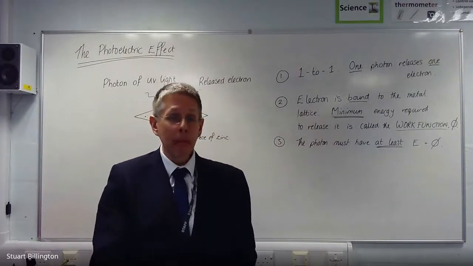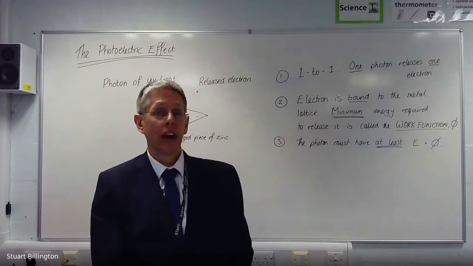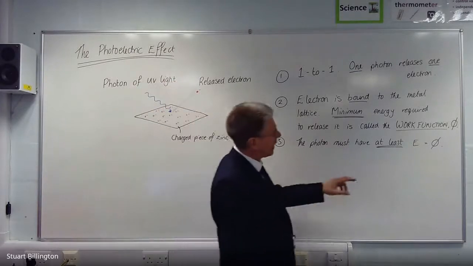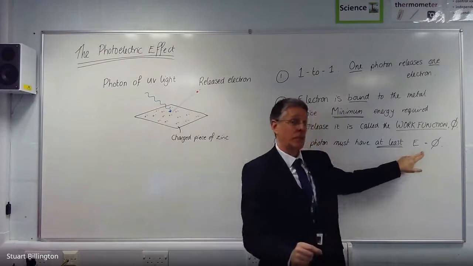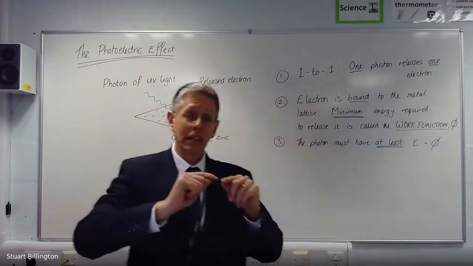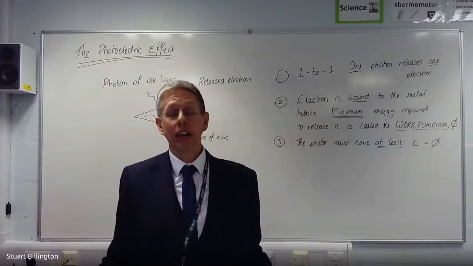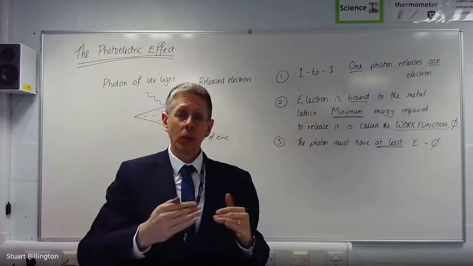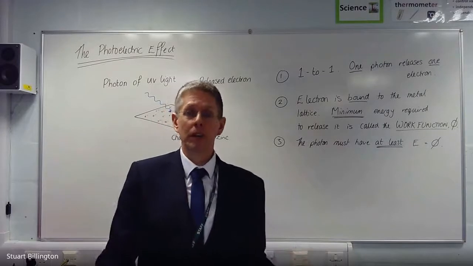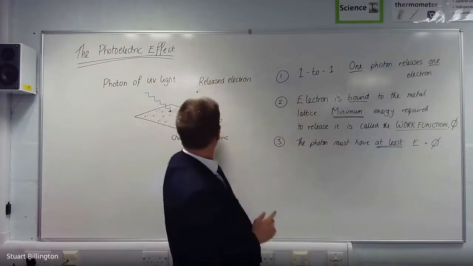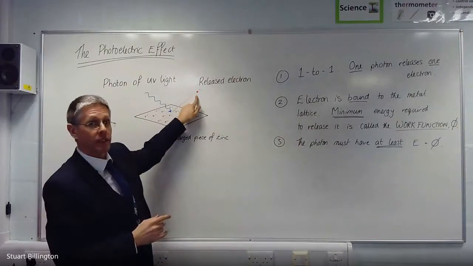That is the minimum amount of energy that is allowed. Now, if we do give it that minimum amount of energy, that poor little electron will be released from the surface and have nothing left. It just won't be able to move anywhere because we didn't give it any energy left over for its kinetic energy to actually move away from the surface.